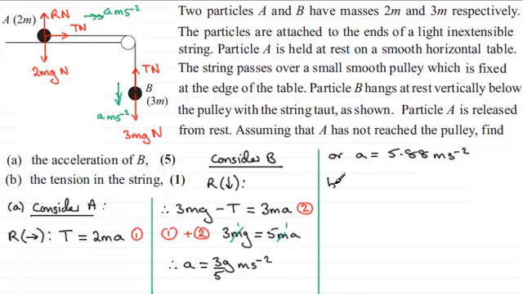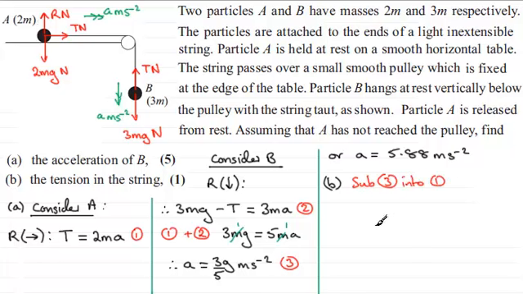So for part B then, it's just a question of substituting our value for acceleration into one of our equations, 1 or 2. It makes sense to put it into equation 1 because it's a lot simpler. So I'm going to call this one here 3. We'll put that value of a into our equation 1, so sub equation 3 into equation 1.